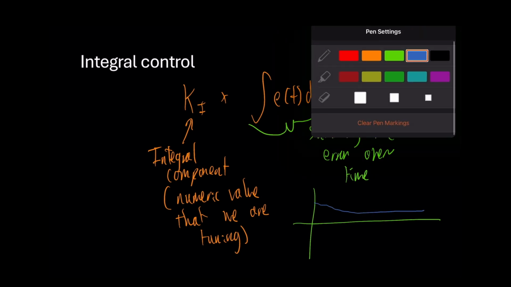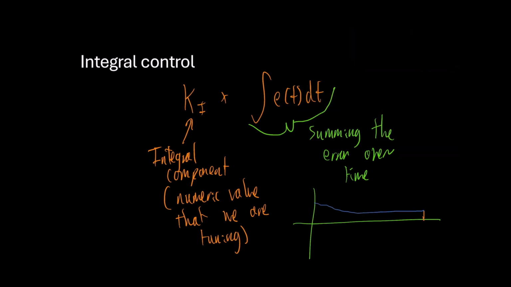Remember, all of these differences between the blue line and the set point are an error. For those who are not too familiar with integration, it is finding the area under a curve. So we are actually looking for the area under this curve, and this makes our error.